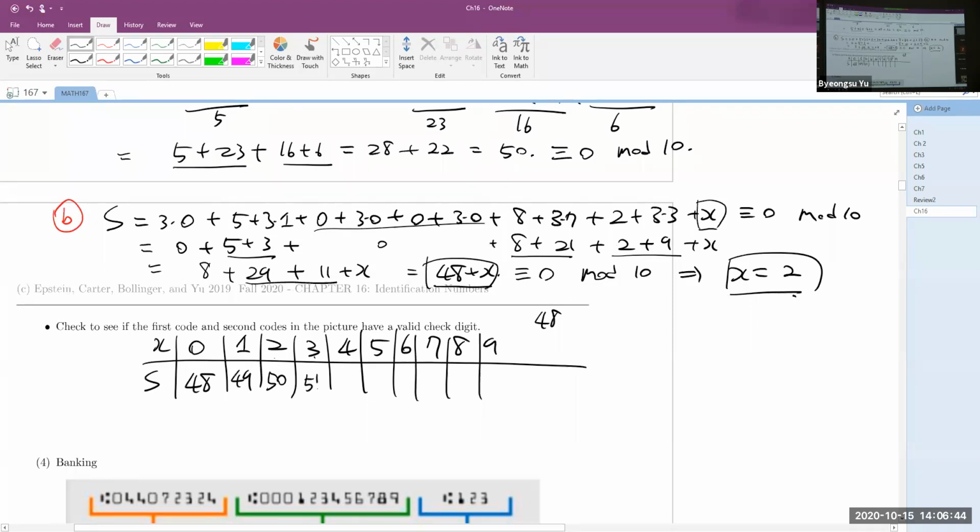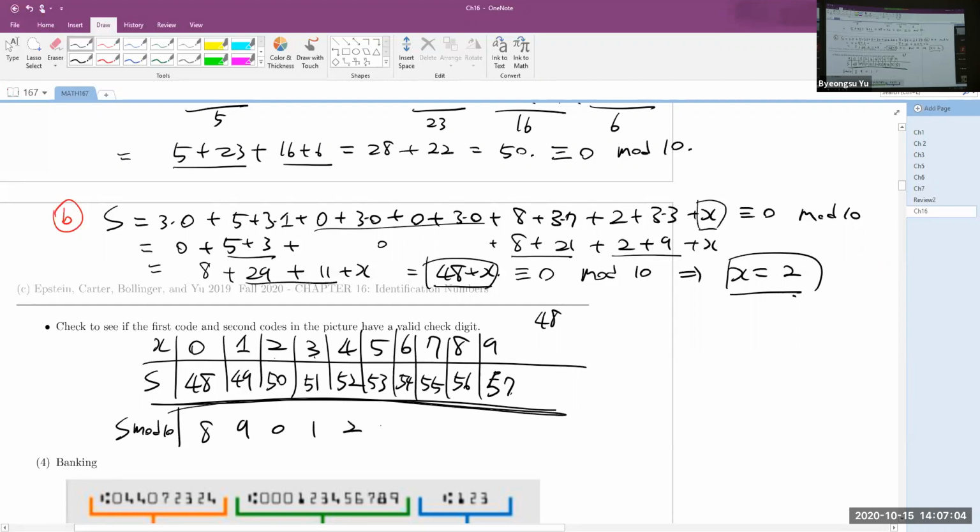In case 3, it is 51, 52, 53, 54, 55, 56, and 57, right? But in all of those numbers, if you think about S mod 10, then it is 8, 9, 0, 1, 2, 3, 4, 5, 6, 7. So 2 is the valid choice. That's how I got 2 as the check digit.